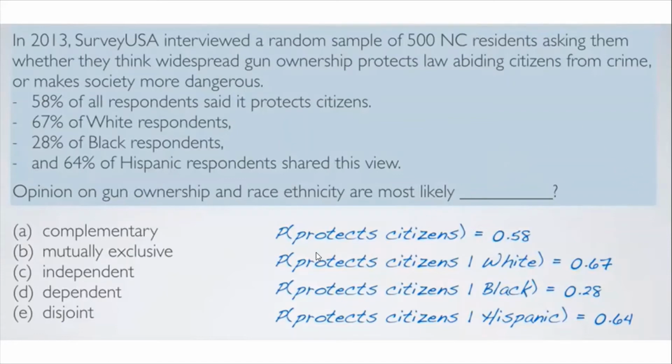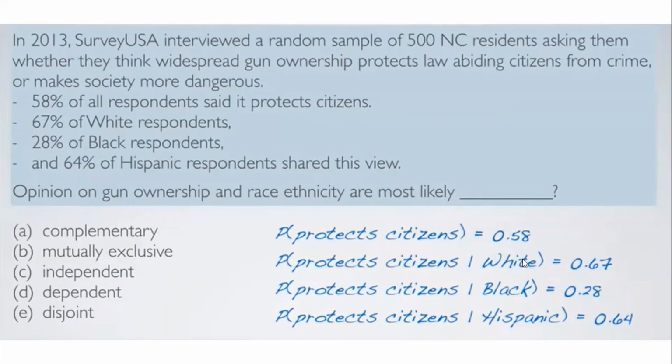If we want to say that gun ownership and ethnicity are independent, then we should show the probability of protecting citizens is the same as the probability of protecting citizens given anything. That is not the case here. So these probabilities are not the same, and the answer is D. This is dependent events.